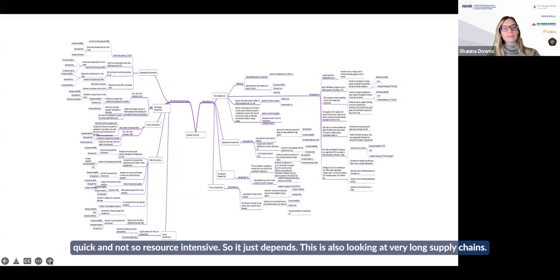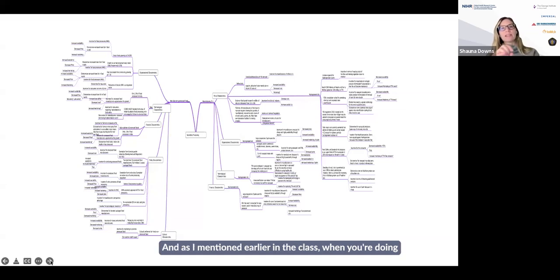So it just depends. This is also looking at very long supply chains. And as I mentioned earlier in the class, when you're doing food supply chain analysis of long supply chains, it gets very, very complicated because there's so many different things that are happening.